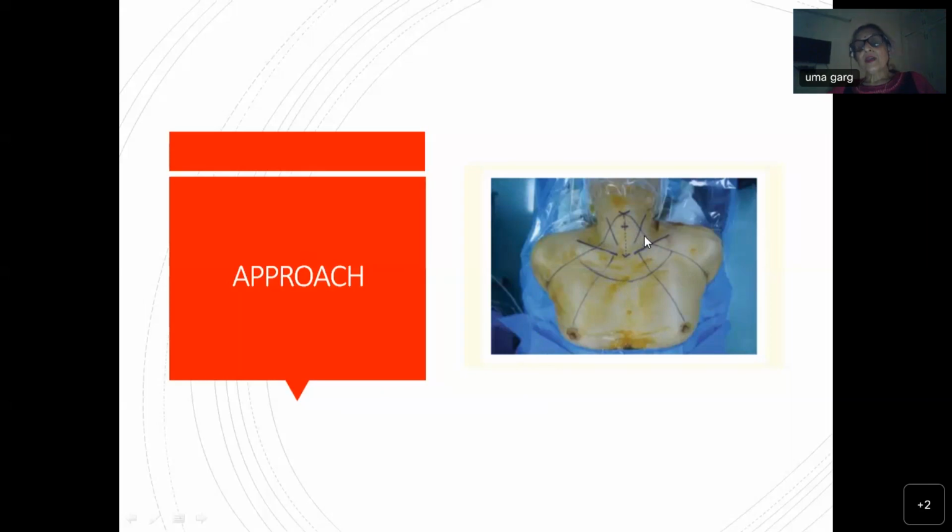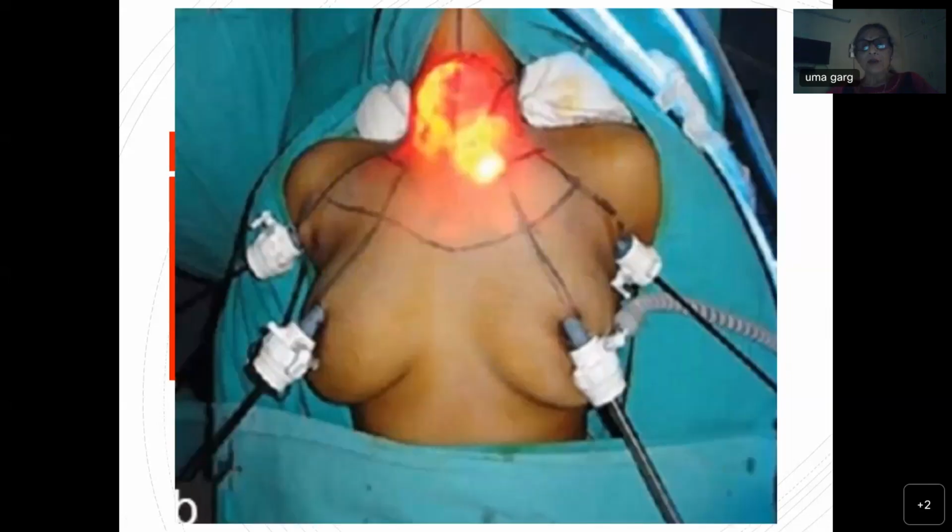Superior thyroid vessels, inferior thyroid artery, middle thyroid vein, recurrent laryngeal nerve, they are all to be taken care of or addressed as we address in open or conventional thyroidectomy. Now, this is how we put different instruments and an endoscope through different ports. The endoscope to be used is 5 millimeter and 10 millimeter. This illuminates this whole area, and you can dissect.